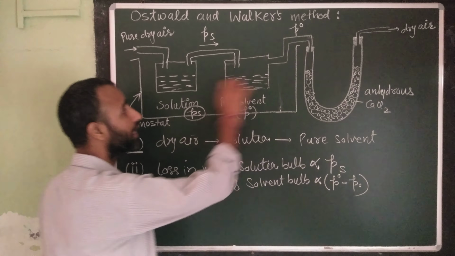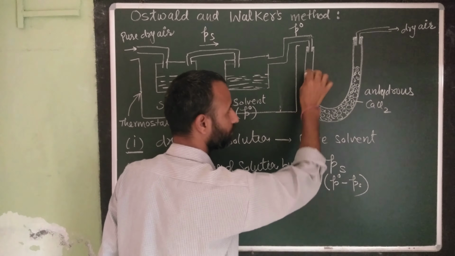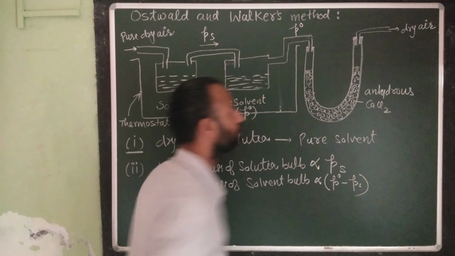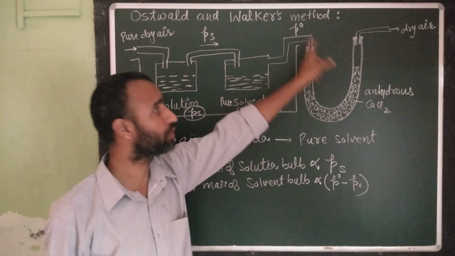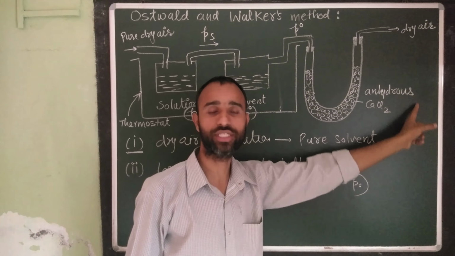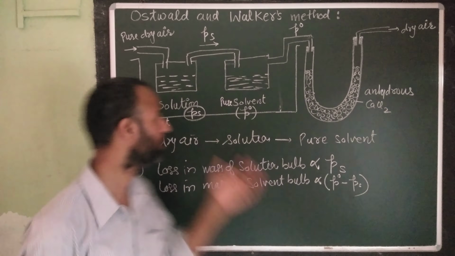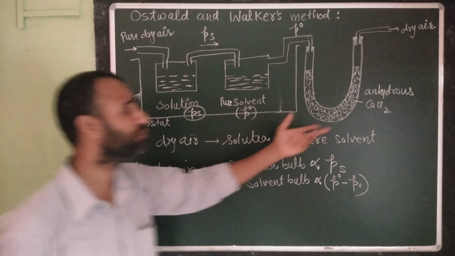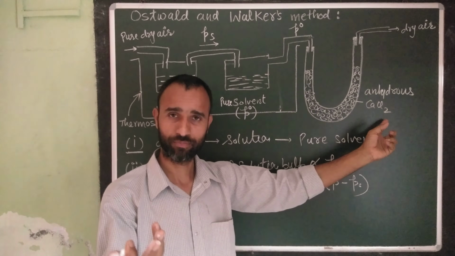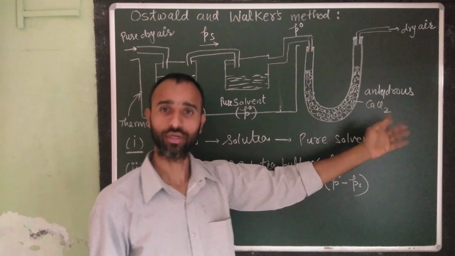And when this goes into this, whole vapors, which are saturated vapors, are absorbed here, because this anhydrous CaCl2 is a good absorber of water. Normally solvent is water. Otherwise we can use P2O5 or concentrated H2SO4, right?